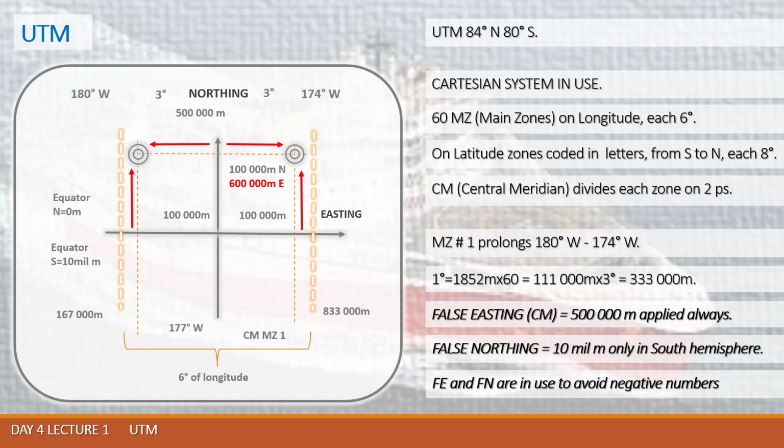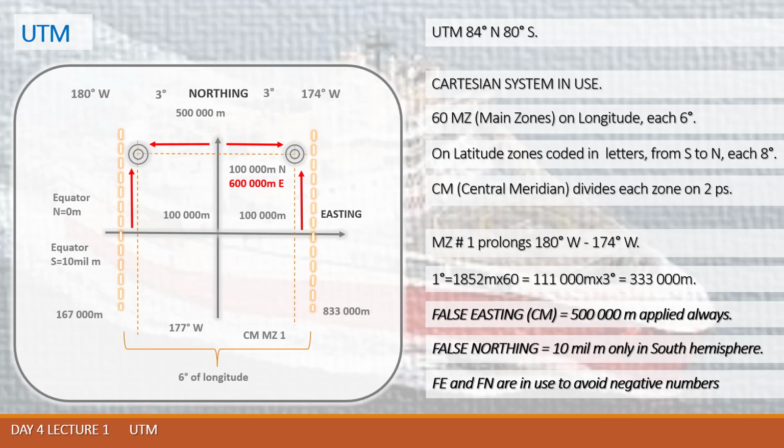But in the previous example, we just added 500,000 meters to the step of 100,000 meters, and we received 600,000 meters. That's how it works.